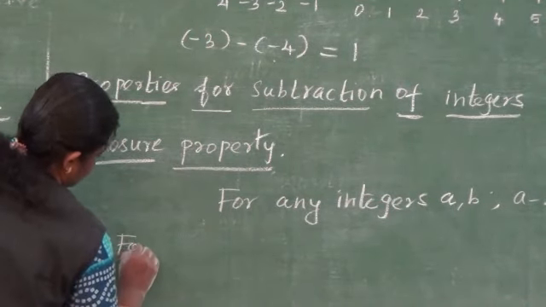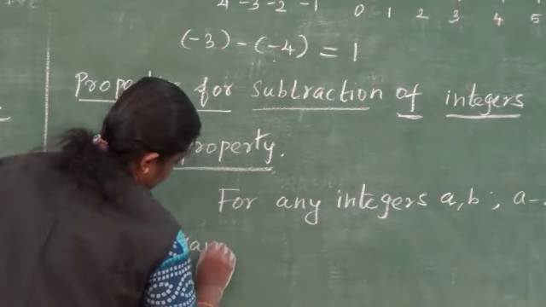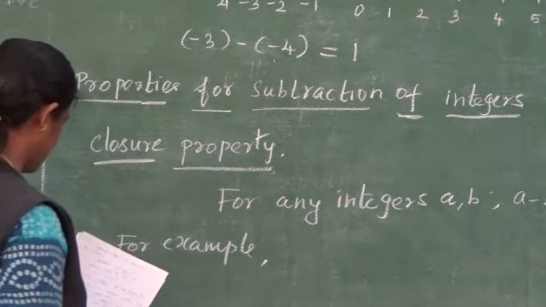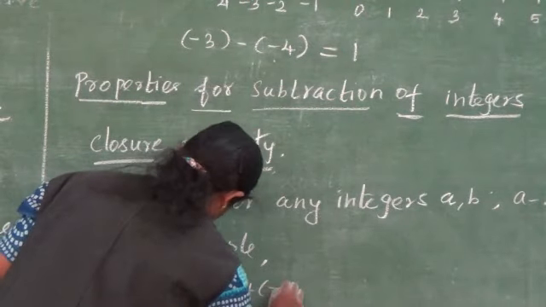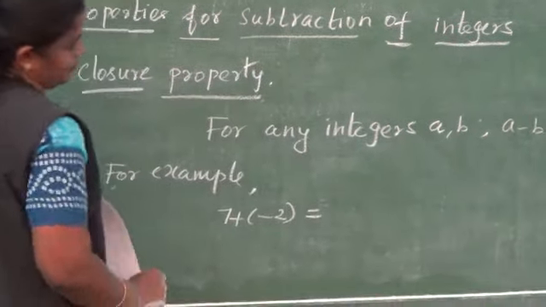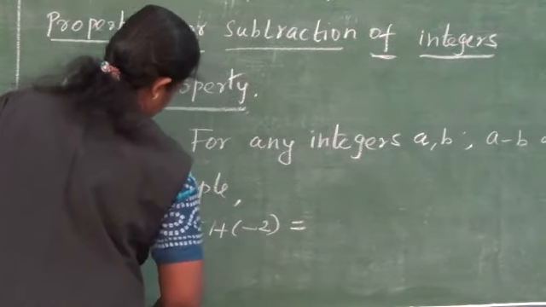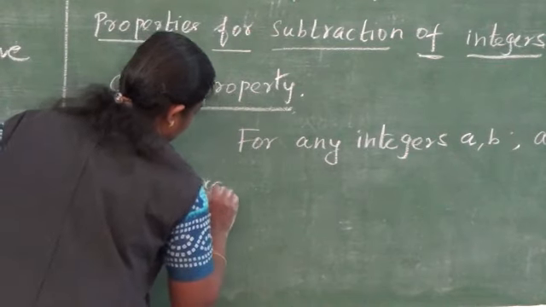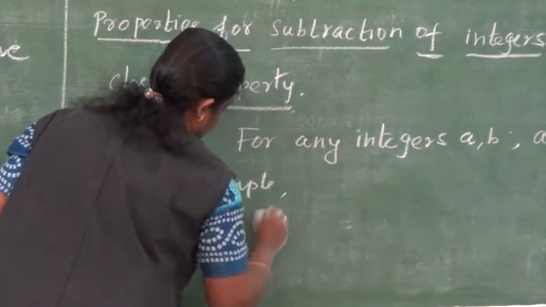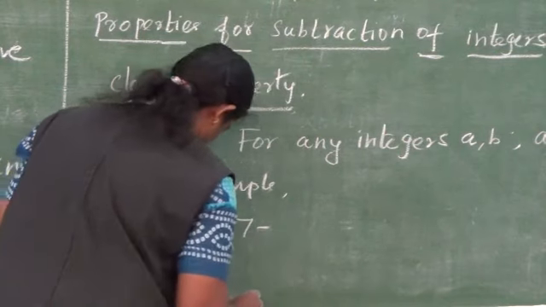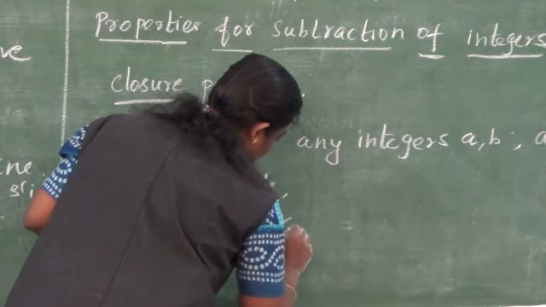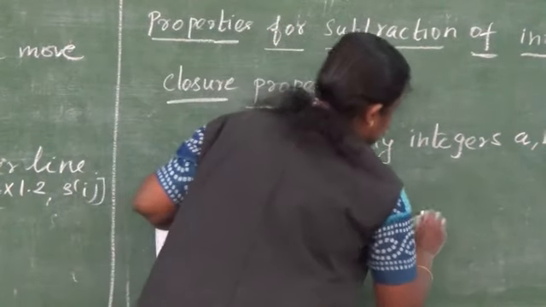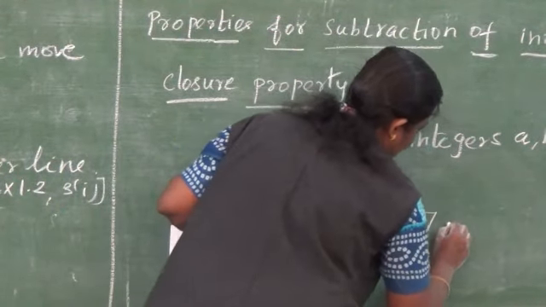For example, 7 minus minus 2 is equal to 7 plus 2, because the additive inverse of minus 2 is plus 2.